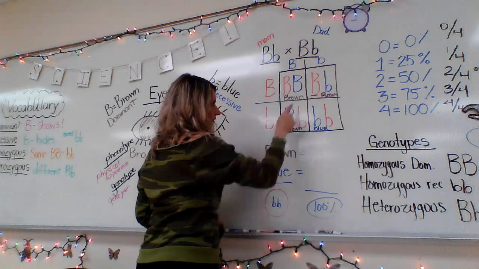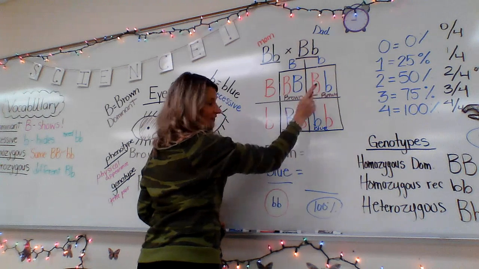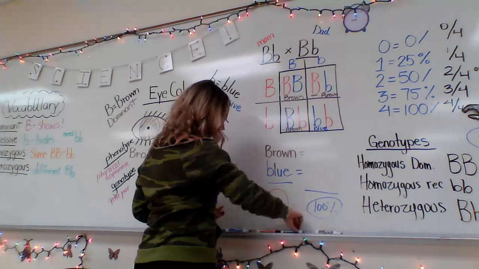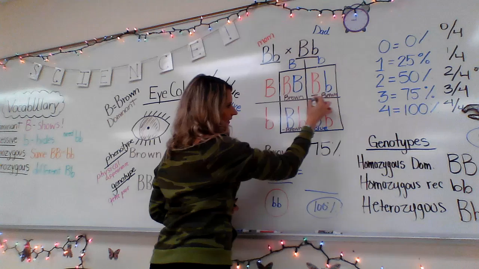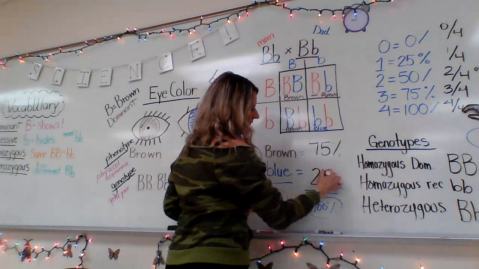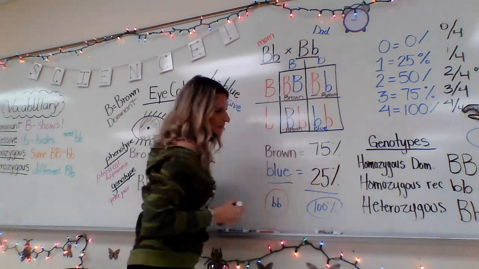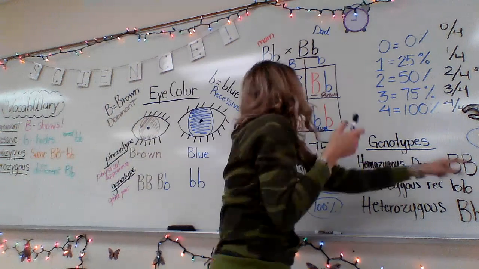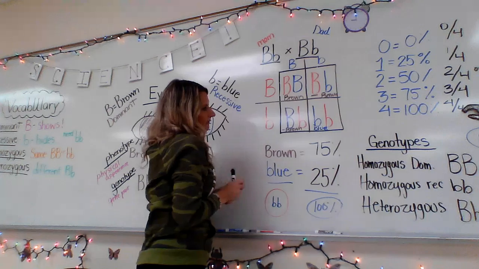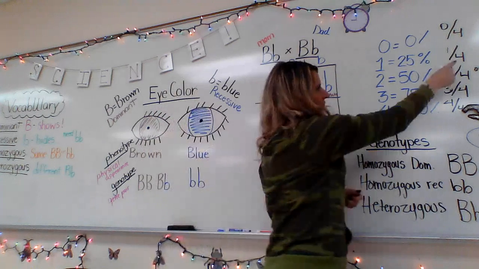So it is 25, 50, 75% brown, and that's going to be that 25% blue possibility. And I'm going to go, how many of the offspring have big B, big B? That would be 1. 1 box, 1/4, 25.